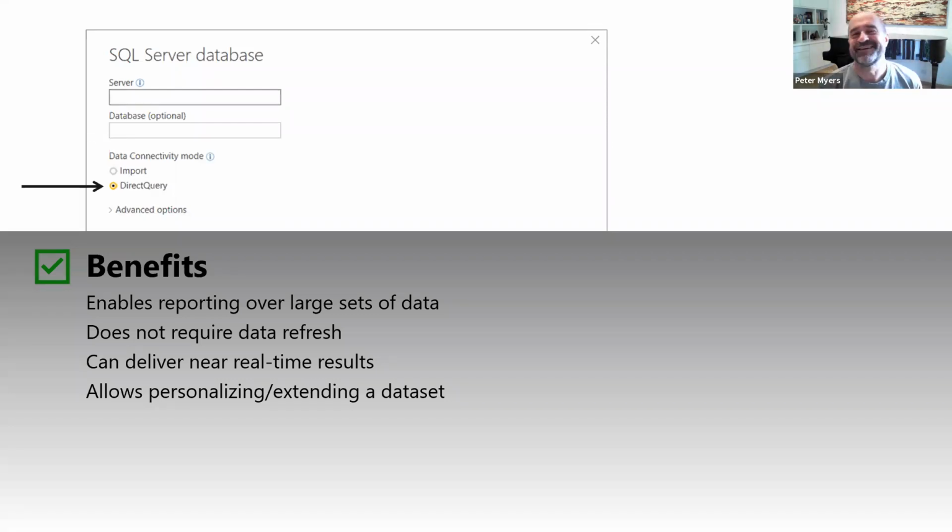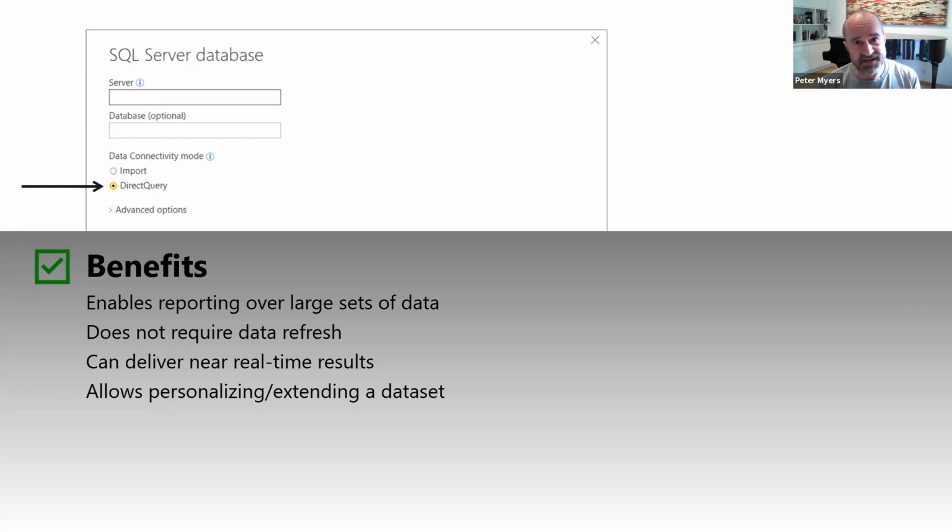Now, there is another interesting scenario that is a very recent consideration due to a preview capability that we now have, that says that we can also DirectQuery to Power BI datasets. So bear in mind, DirectQuery is supported for pretty much all popular enterprise relational databases.